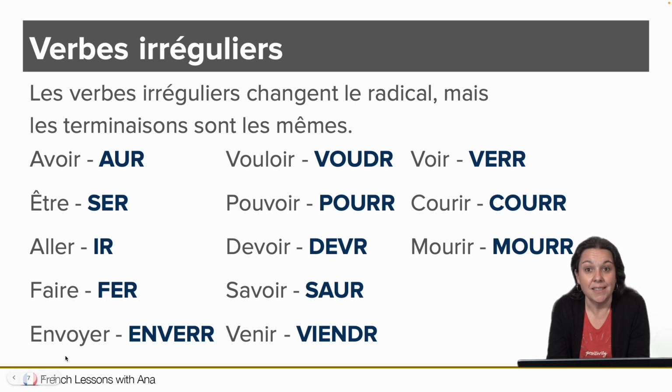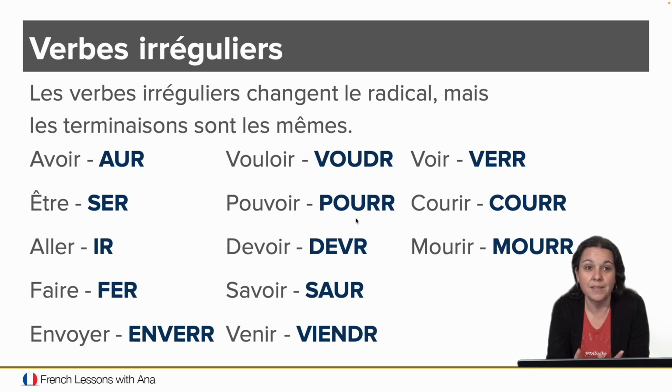Envoyer, to send. It changes completely the O-Y-E-R here at the end, and it becomes enverr, okay, so double R, enverrai, etc. Vouloir, to want, changes to voudr, okay, so V-O-U-D-R. Pouvoir changes to pourr, okay?